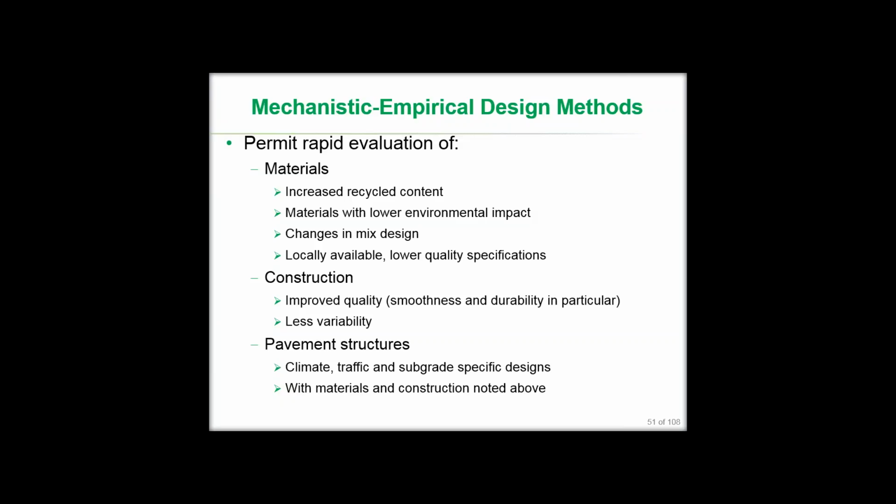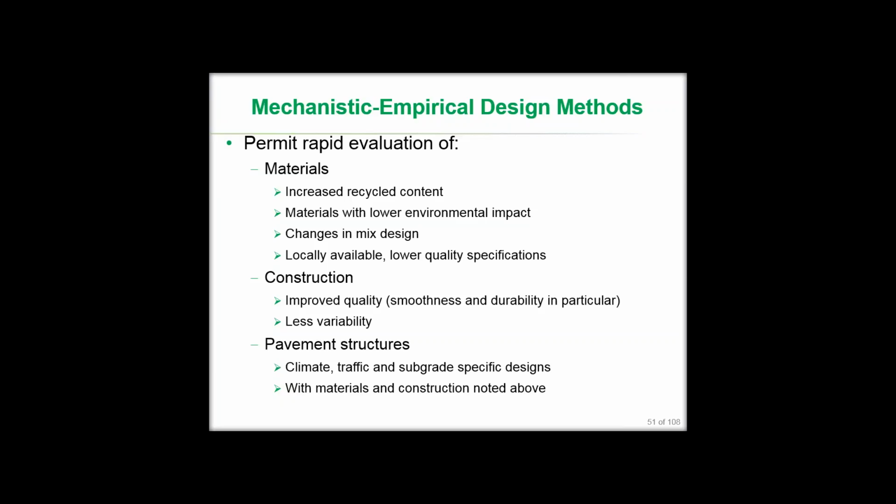So ME design allows us to look at different materials. For example, the recycled content that Tom was talking about, how does that change flexural strength and shrinkage, for example, and then how do those affect performance? Looking at more locally available but potentially lower quality materials that therefore may have a lower environmental impact, or looking at some of those different types of materials that have lower global warming potential.